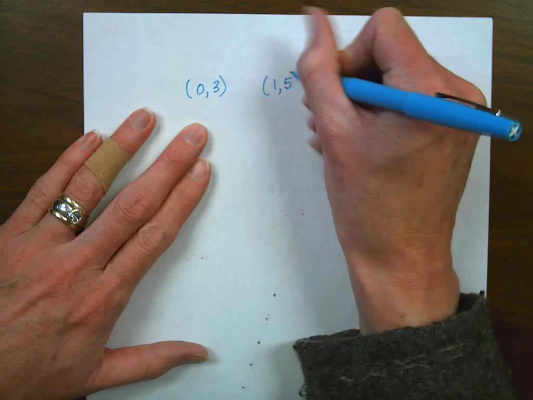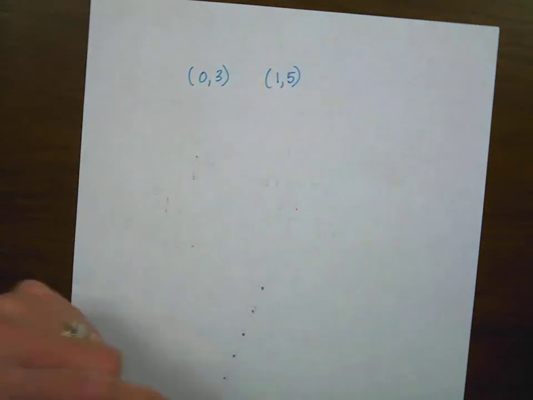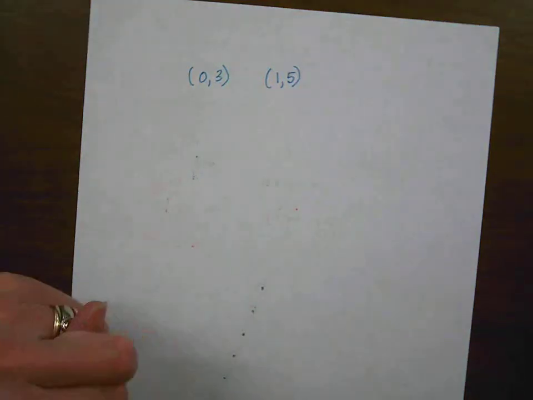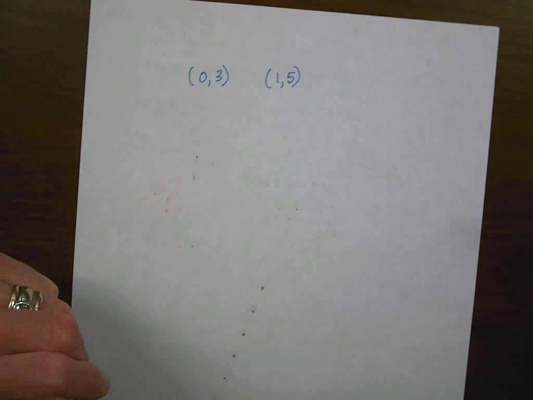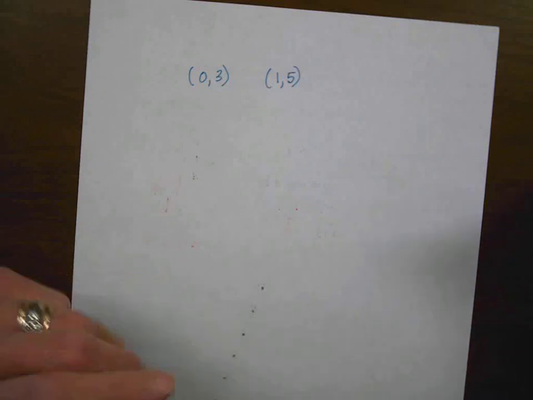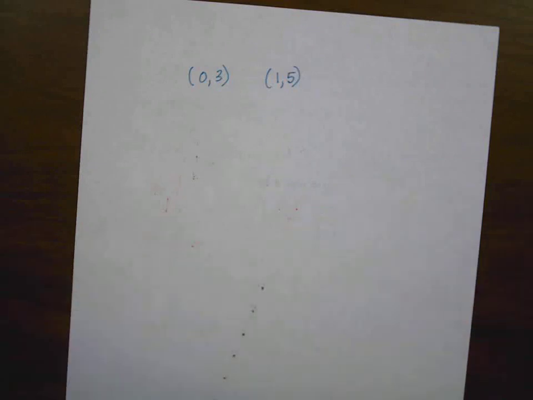Let's do 1, 5. You were given that, and they told you to create an equation, okay? So if you were only given 2 points and told to create an equation, you still can do the same thing. You just have to add an additional step.